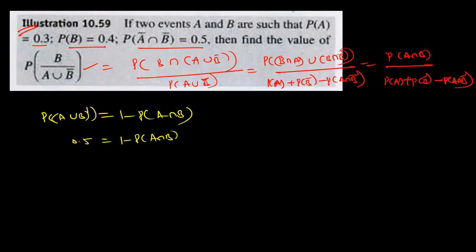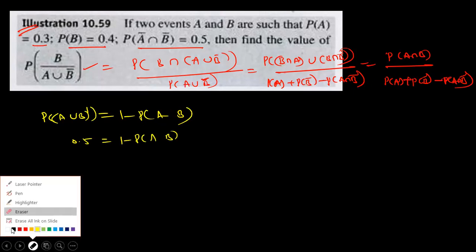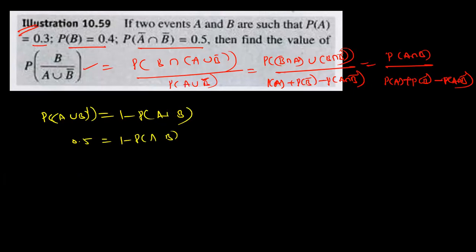A union B. Just a minute. A union B means this is also A union B. Okay. So therefore, P of A union B is how much? 0.5. Simple, that is the answer. P of A union B is there. P of A, P of B is there. Find out P of A intersection B.